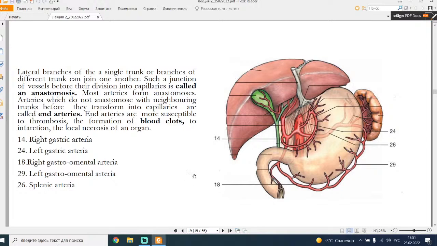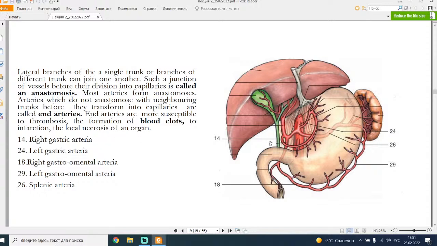Arteries which don't anastomose with neighboring trunks before they transform into capillaries are called end arteries. End arteries are more susceptible to thrombosis, the formation of blood clots, and to infarction, the local necrosis of an organ.